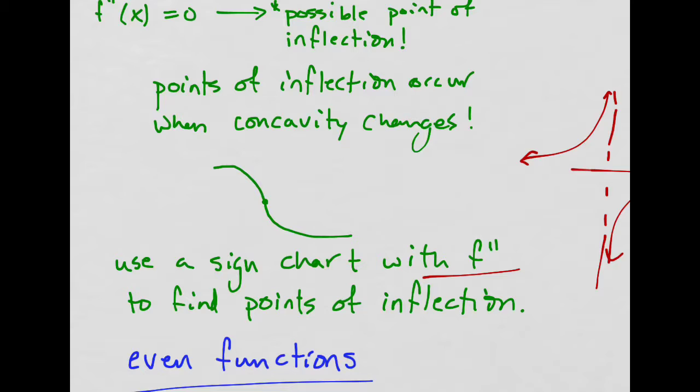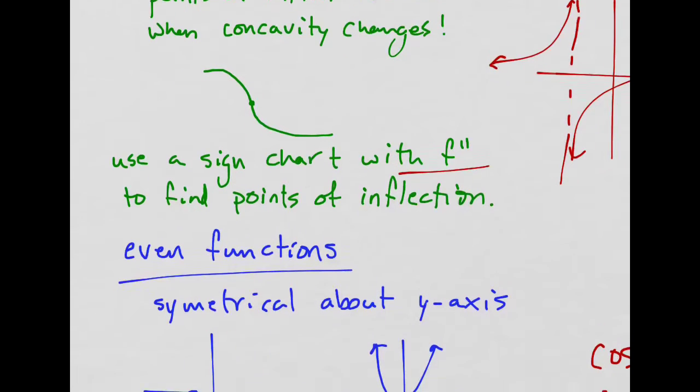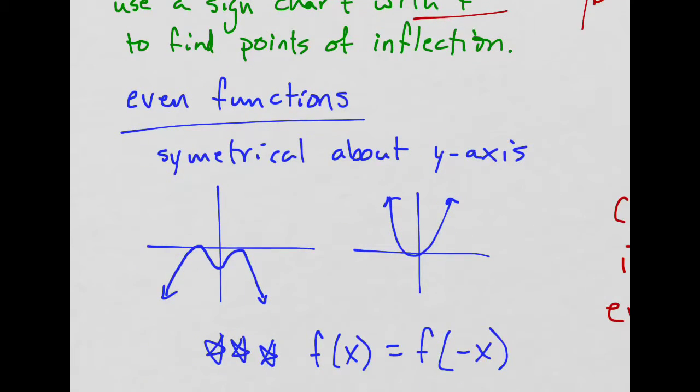If not, you don't. Remember, critical points also include points where it's not differentiable. So critical points are where the derivative equals 0 or where the derivative is undefined. Hopefully this is all making sense.